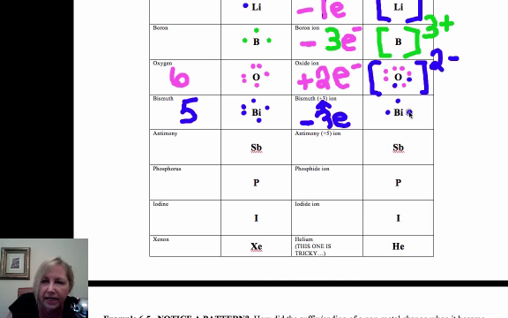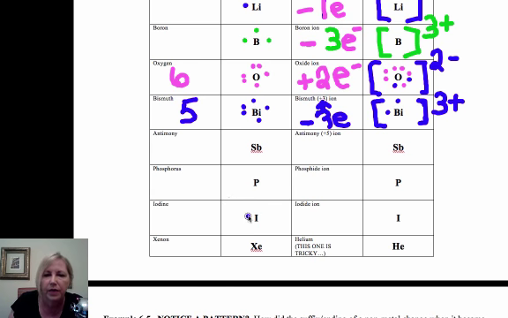And I'm going to make sure I take away the one that was paired, so that'll minimize repulsion. So if I lose 3 dots, I think I have too many dots. I'm going to erase one there. I have 2 dots left, so that's the 3 plus ion.